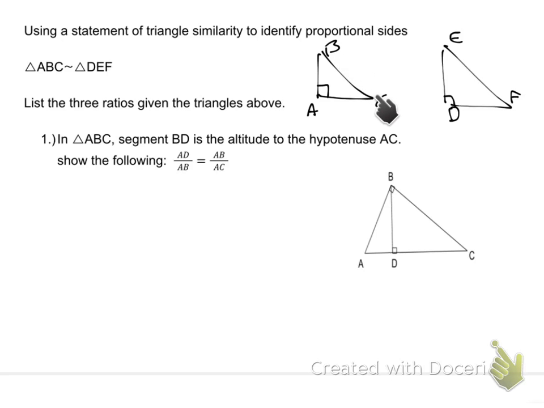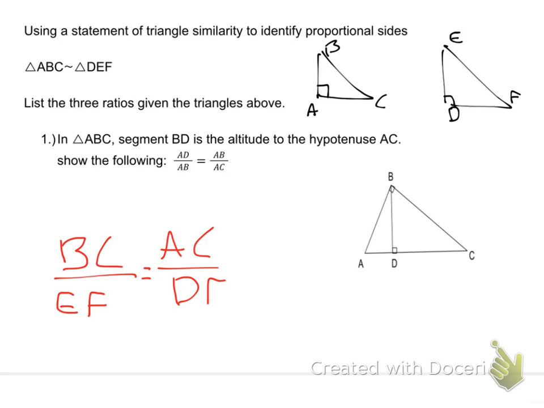It has endpoints B, C. So BC is to the side opposite A, so that has to be opposite D, which would be EF, equals, let's pick a different one, opposite B, which would be AC over DF, equals the same ratio of sides, opposite C, which is AB over DE.